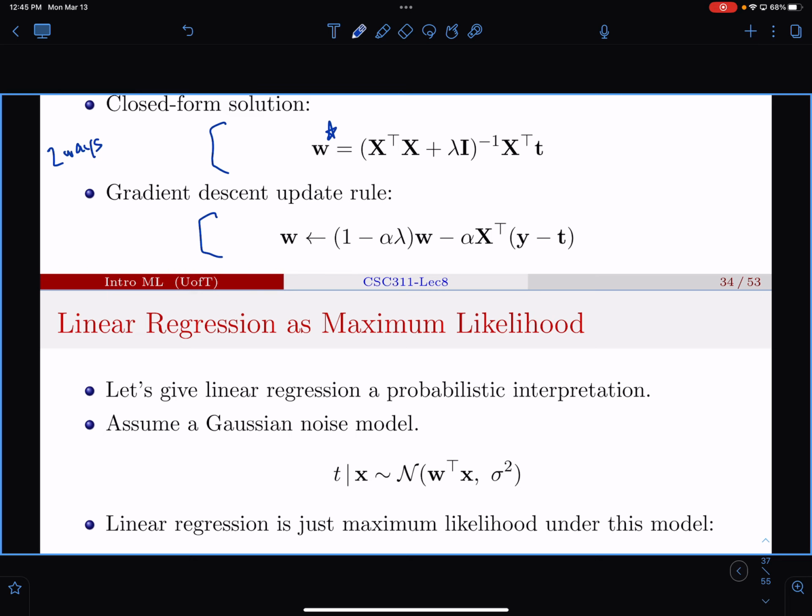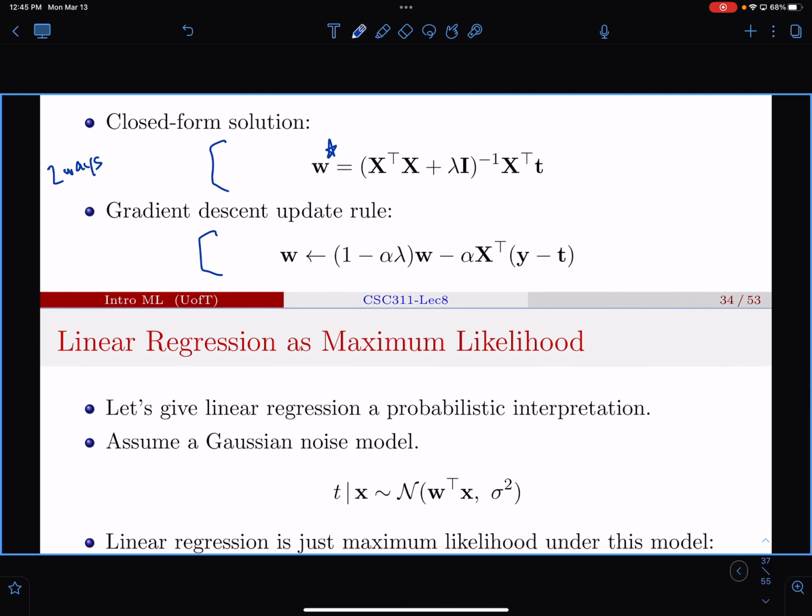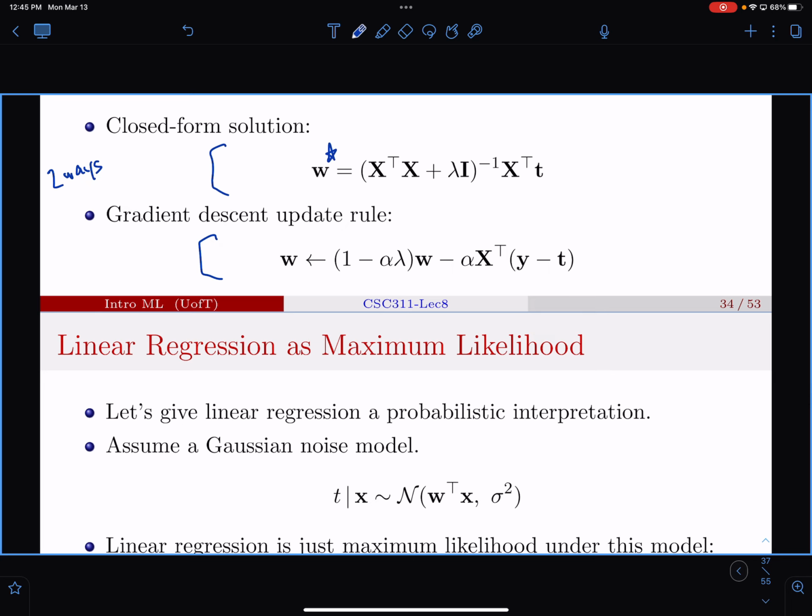If we take this probabilistic interpretation, we can use our framework of maximum likelihood and posterior probabilities to solve the equation. So maybe take 2 minutes to figure out how you would write the likelihood of t given x if you were to use this Gaussian interpretation instead.